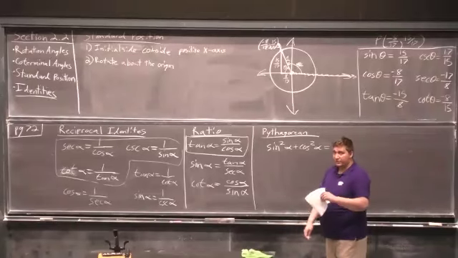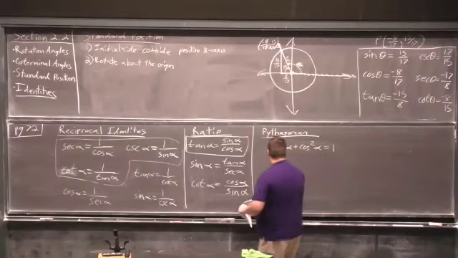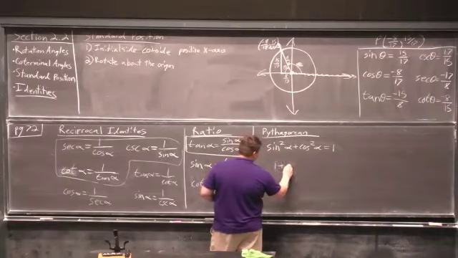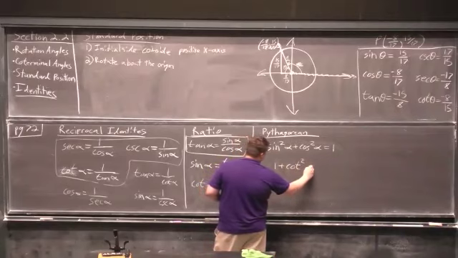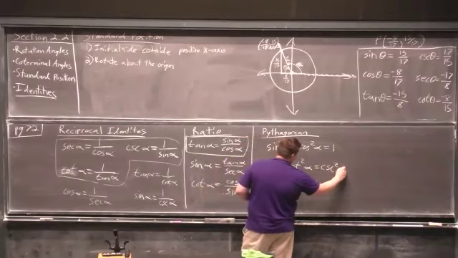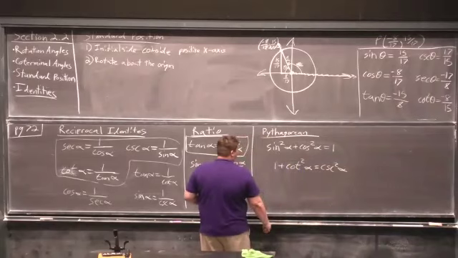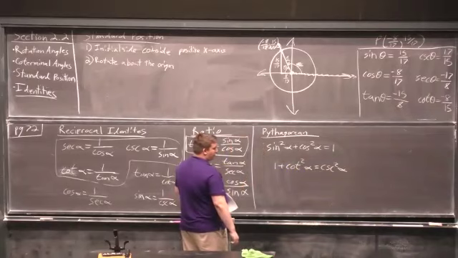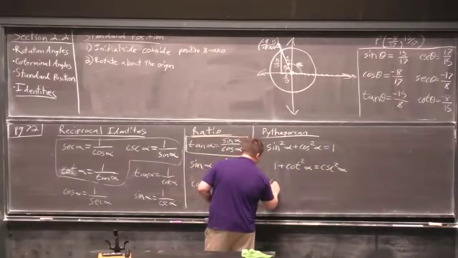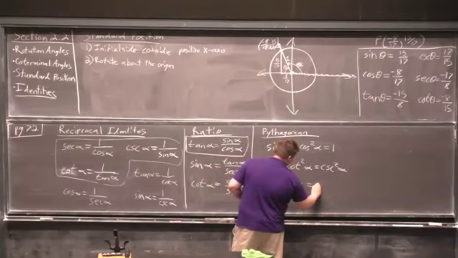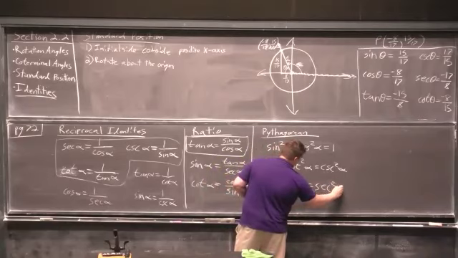We then divided by sine squared. So if I divide by sine squared, I get 1 plus cotangent squared alpha equals cosecant squared alpha. And then if I took the first one and I divide by cosine squared, I get tangent squared alpha plus 1 equals secant squared alpha.